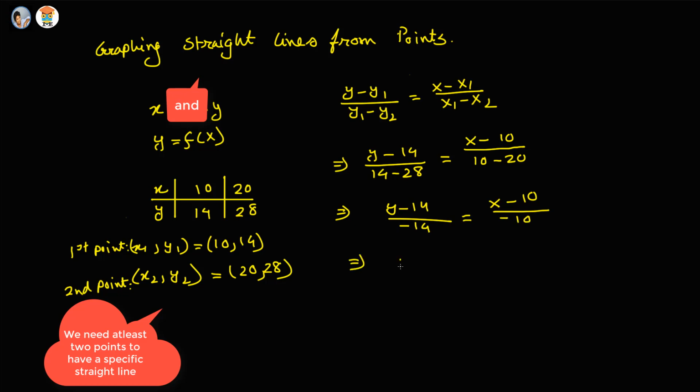From here we can write 10 into y minus 14 is equal to 14 into x minus 10. From here we can say 10y minus 140 is equal to 14x minus 140.